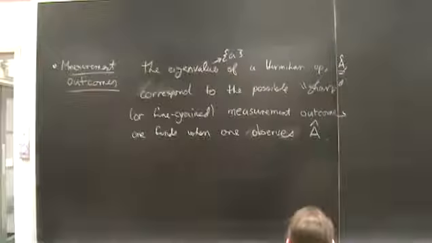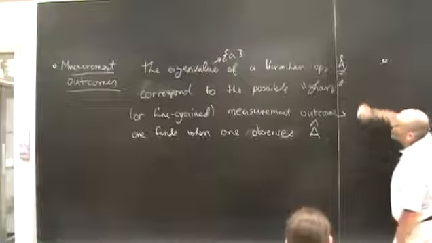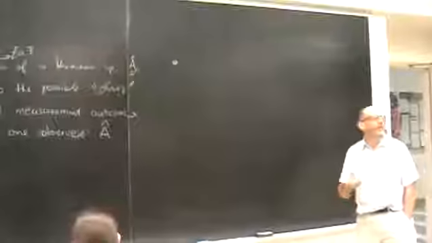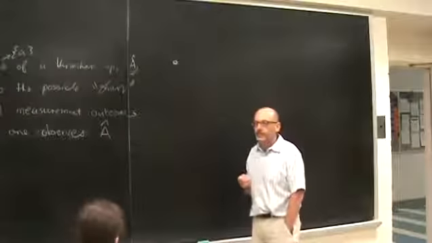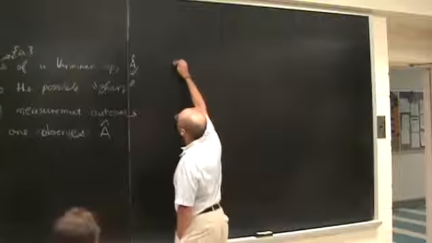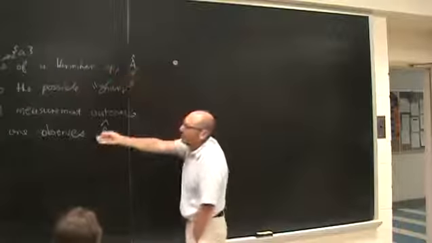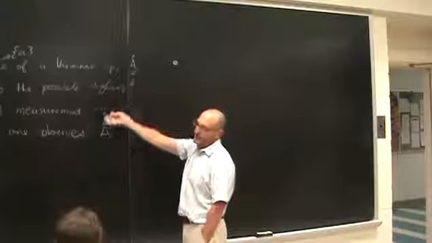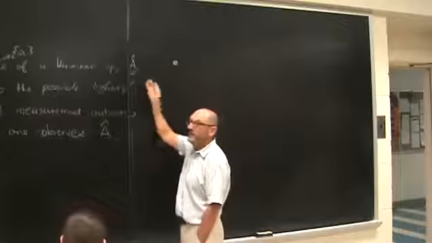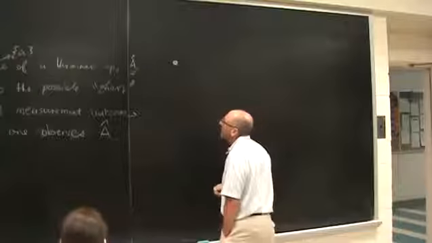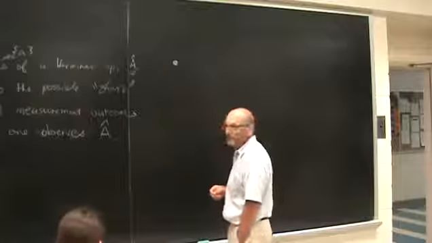Okay. And now we come to an important rule. What we said is the goal here is to predict the outcomes of experiments. So we do an experiment somehow, we haven't said what this is exactly, just there's some device that does this thing, and it finds one of the eigenvalues.